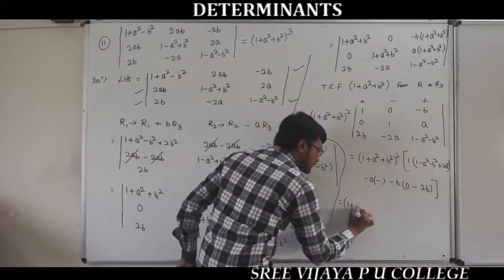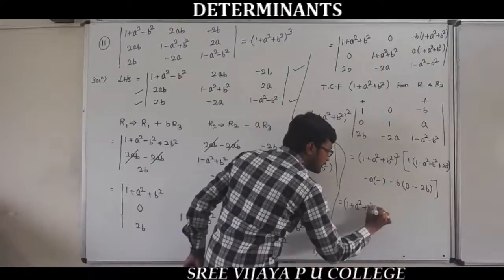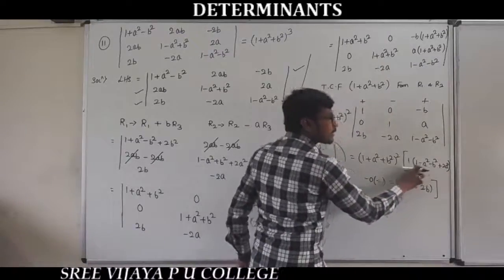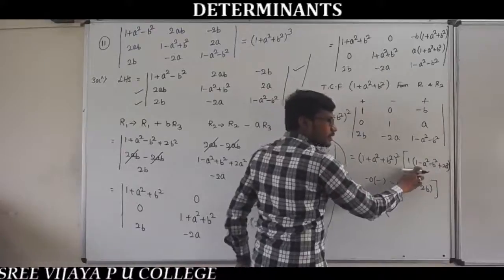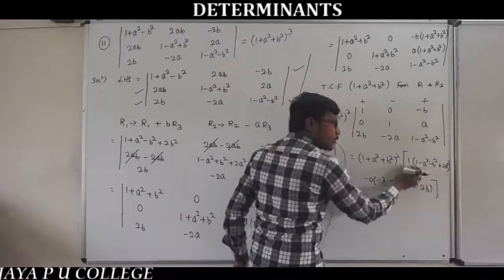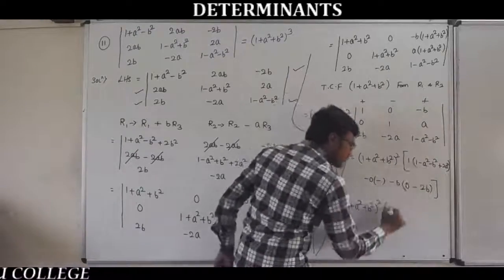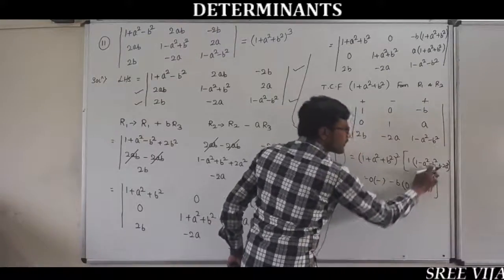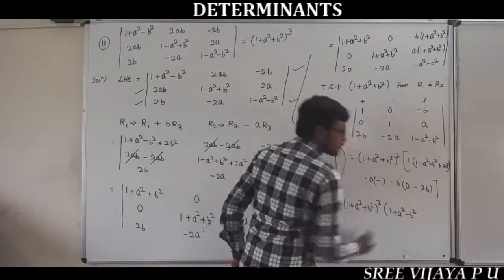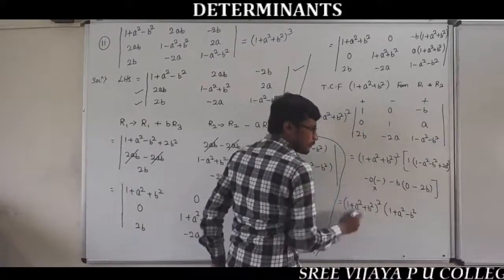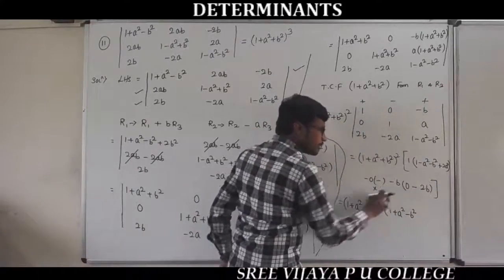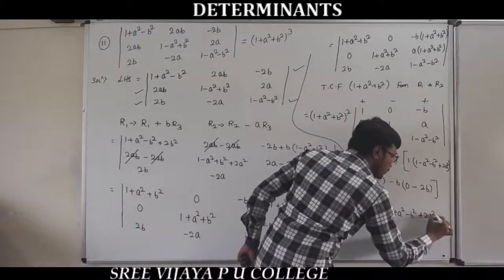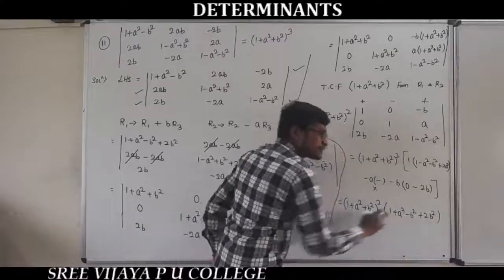So 1 plus a square plus b square whole square, and 2a square, a square means a square remains, the other two remain the same. For this we multiply by 1 and the same term comes. So 1 into 1 is 1, minus a square plus 2a square is plus a square, and remaining minus b square. 0 into 0 you can leave. Minus b into 0, 0, leave it. Minus b into minus, so minus minus is plus 2b square, and b square remains b square.